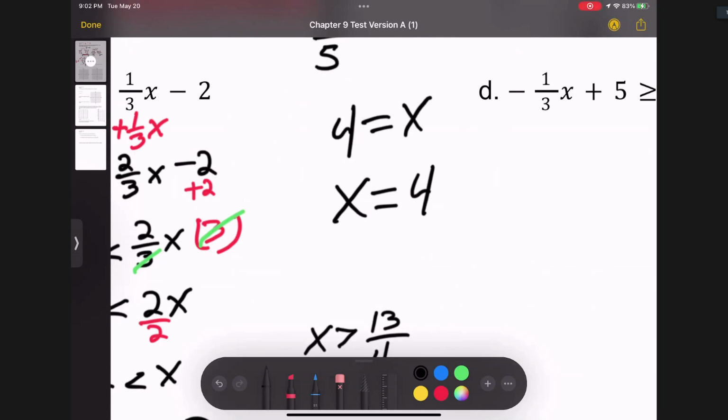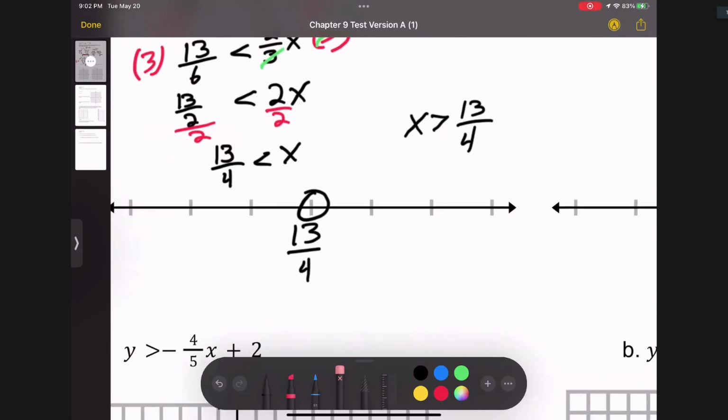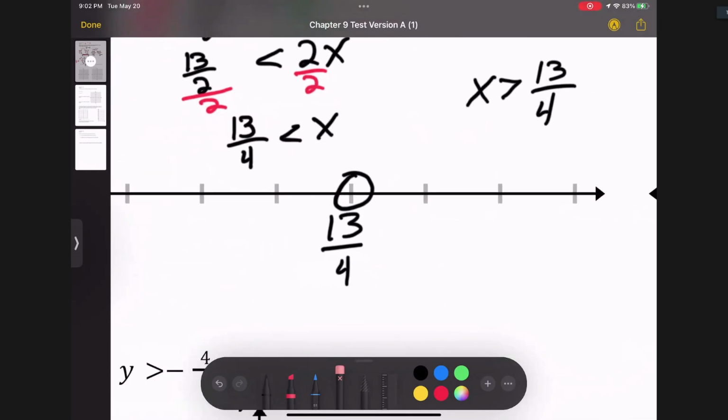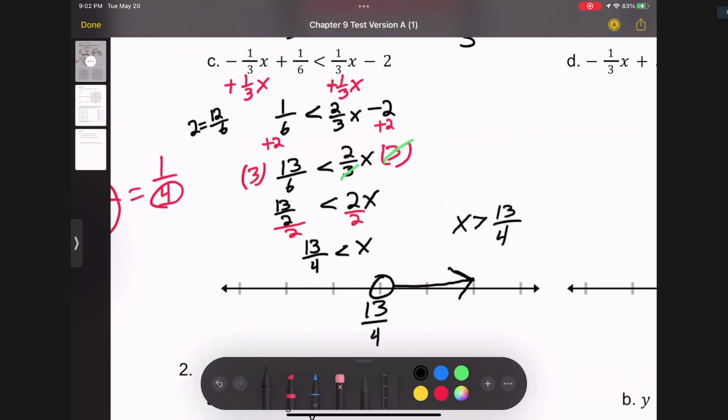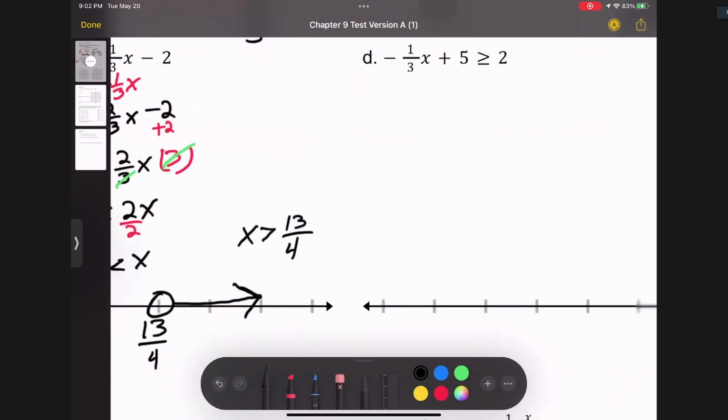It just sounds a little bit more natural to have it in this direction, but they mean exactly the same thing. Now, this is saying x is greater than 13 over 4. So that's going to go to the right, in this direction. Hopefully everyone got that. You can always rewind, just to let you know.